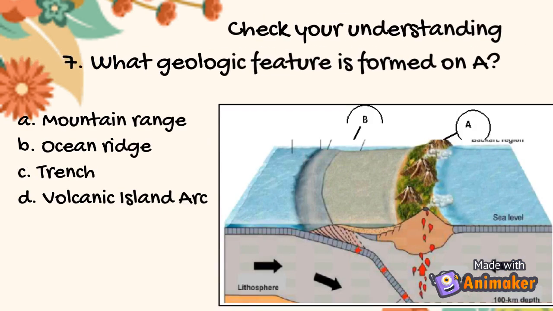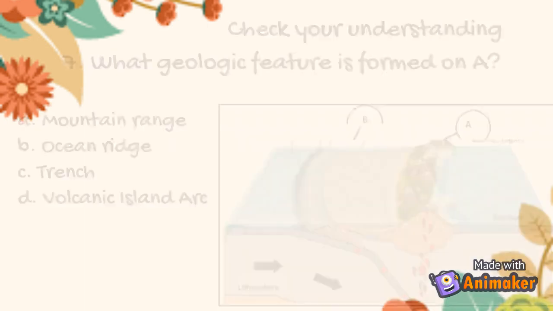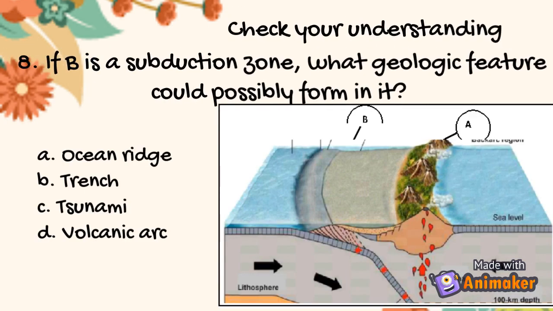7. What geologic feature is formed on A? A. Mountain range. B. Ocean ridge. C. Trench. D. Volcanic island arc. 8. If B is a subduction zone, what geologic feature could possibly form in it?